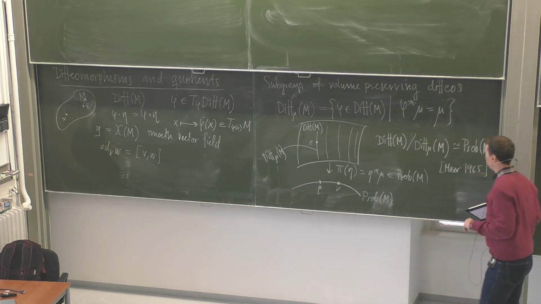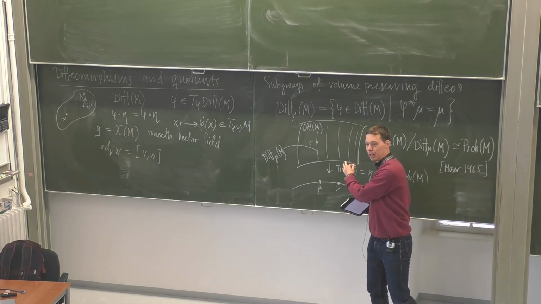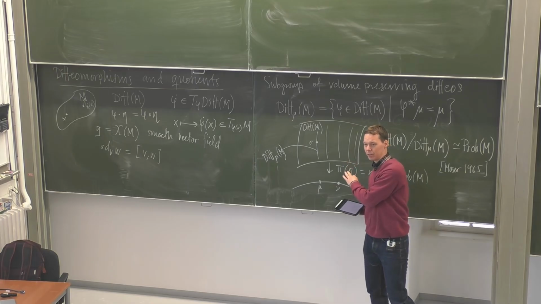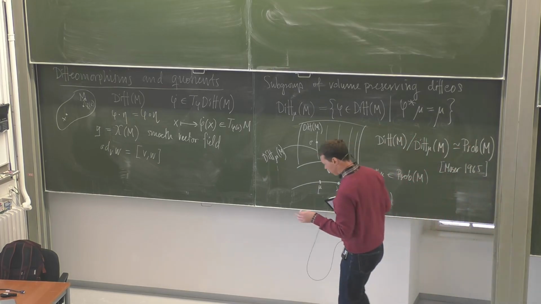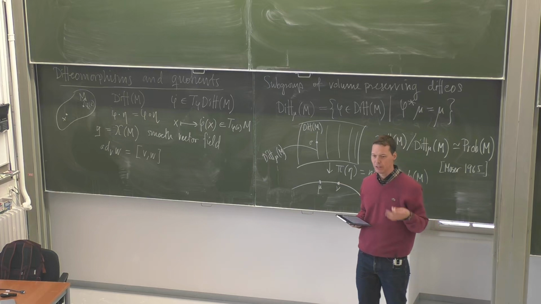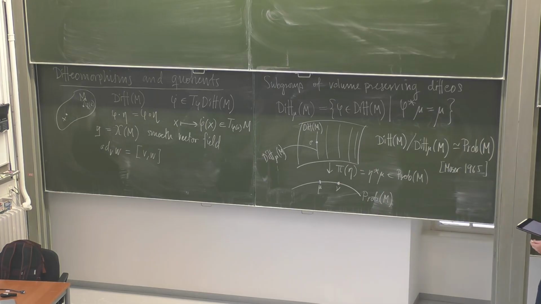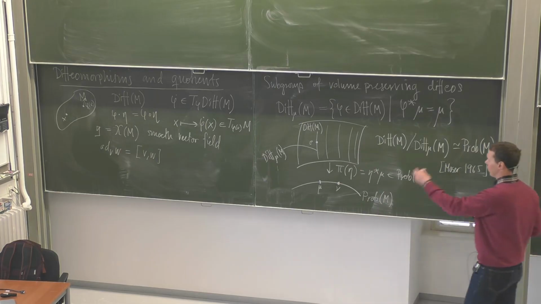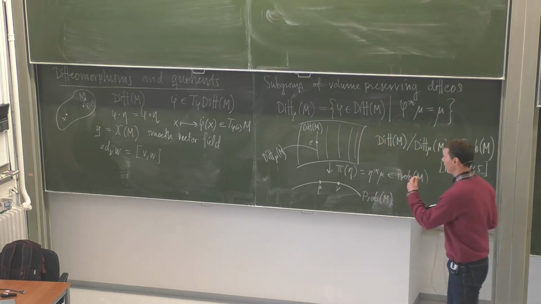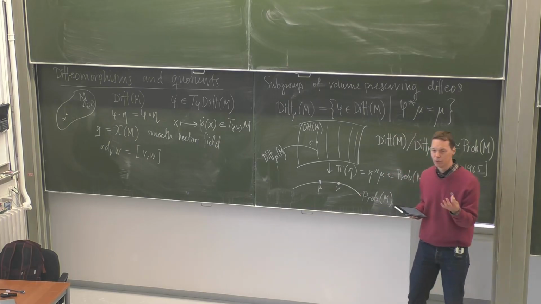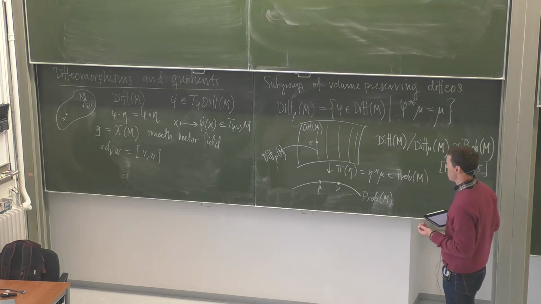And in fact, a little bit more than this is true. In fact, this is a principal bundle, an infinite dimensional principal bundle structure. I think Peter knows much more about this, but I think this is a result of Hamilton, or at least he has it in notes about Fréchet Lie groups. And that is a little bit complicated to prove, you use Nash-Moser.